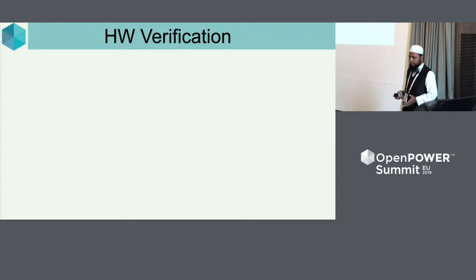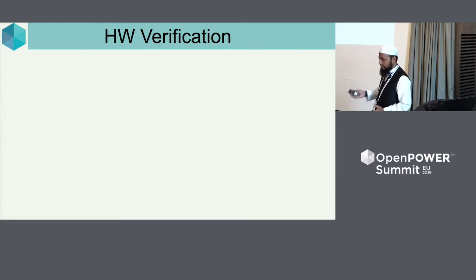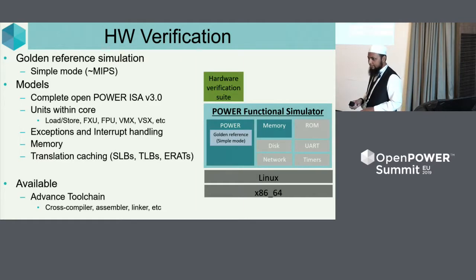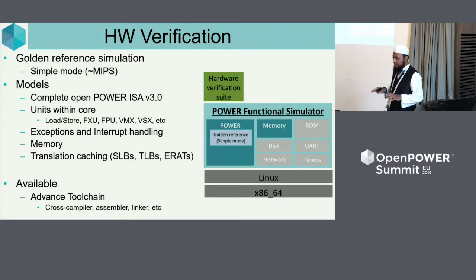What we need in hardware verification is that the entire set of instructions has to be verified, along with all the different units within the cores. All those things are available in this simulator. So it's a golden reference implementation of the ISA.